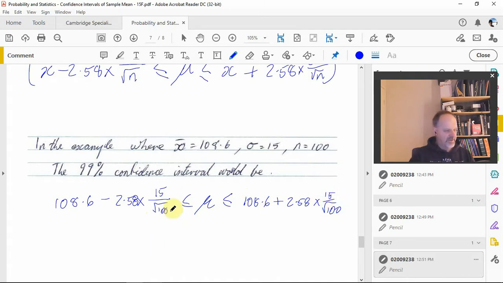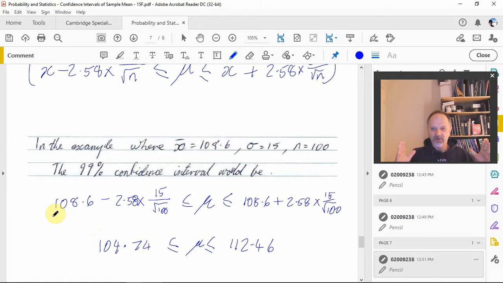And then if you stick those things in your calculator, you get 104.74, and at the other end you get 112.46. So you can see that interval is wider than it was for the 95%, because we need to go wider so that we get more of the things in.